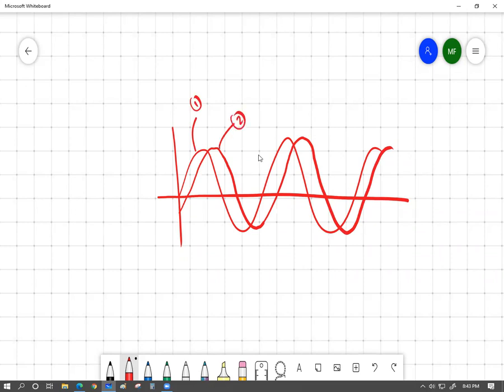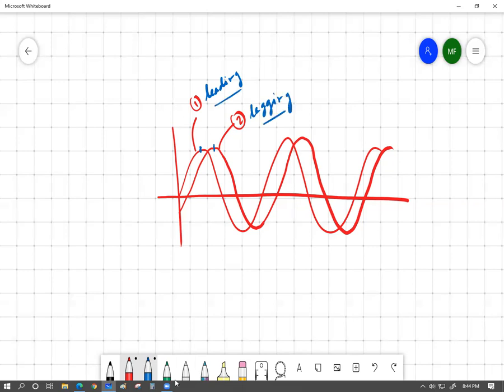Whenever we have a situation like this, if you compare between their similar parts, for example, between two crests, the one that has its same phase happening earlier is what we call the leading wave. For example, if you see within this time, this is what we call the leading wave, and the one that is on the front, this is what we call the lagging wave. Now, why do we call them the leading and the lagging wave?